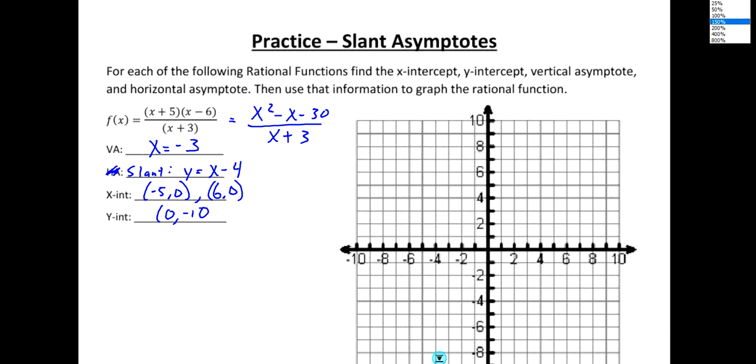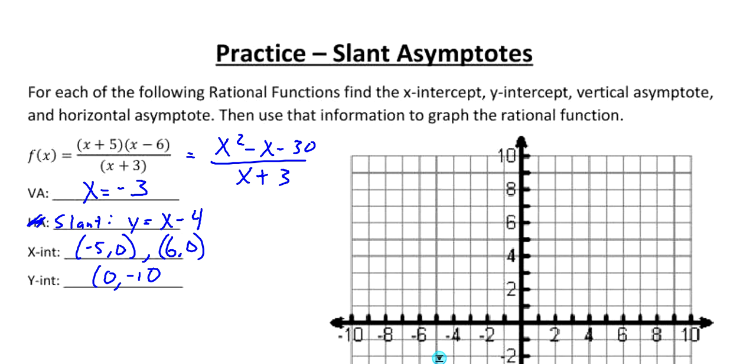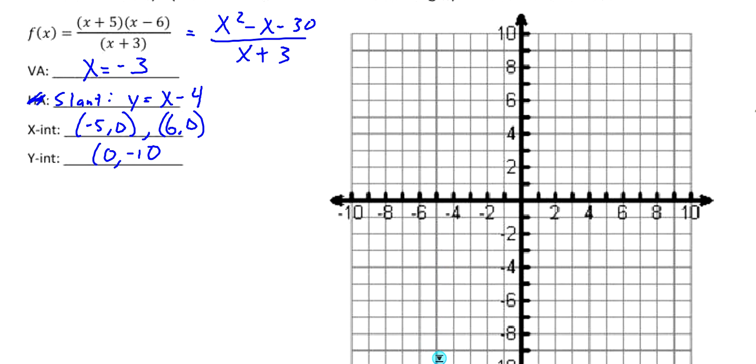Okay, so now that we have all that information, we're going to go ahead and graph it. Our vertical asymptote is at negative 3. Our slant asymptote has y-intercept negative 4 with a slope of 1.